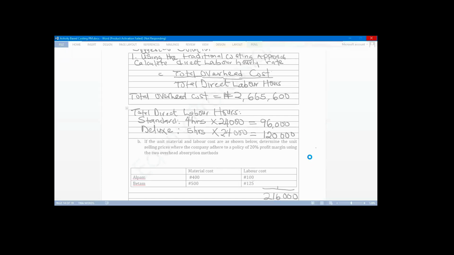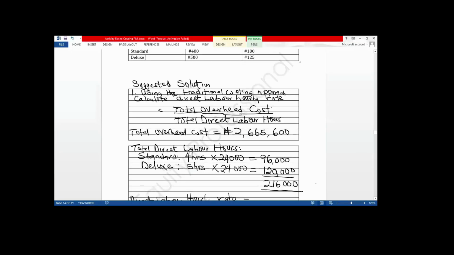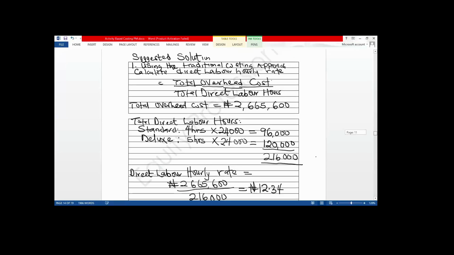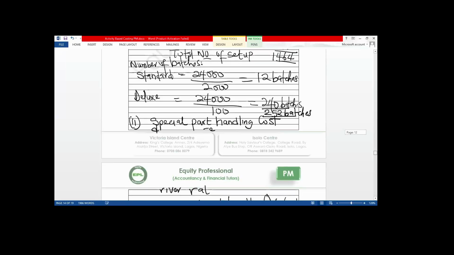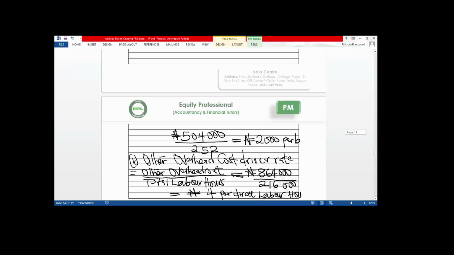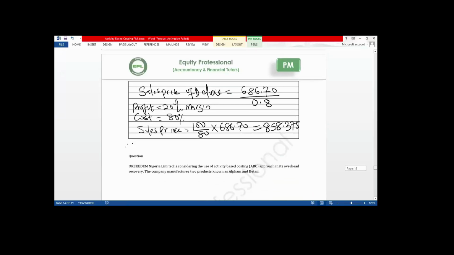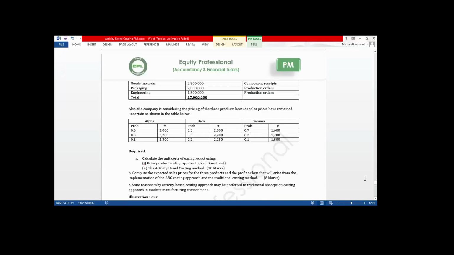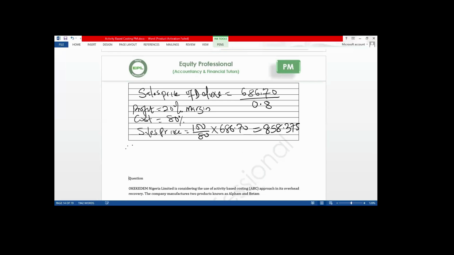Now, what you just need to do, when you get to activity based, let me see if I can go down now. I can go down here. Just 1 minute, let me see if I can move this down, no problem. I will solve it like that here. Don't worry.